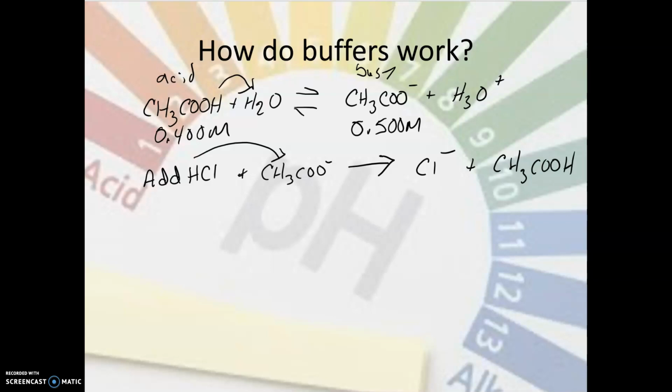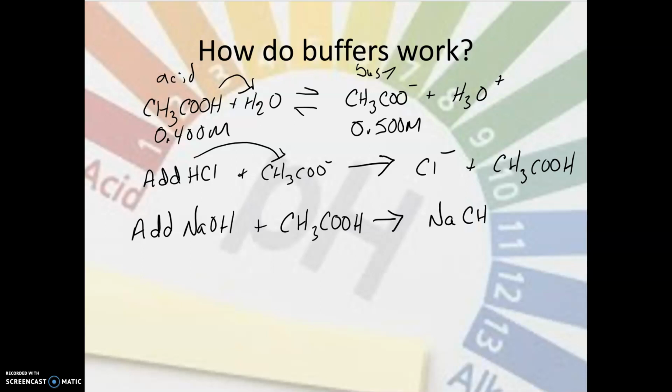So we've reduced the amount of our base, and what we've produced is our conjugate acid. But we eliminated and neutralized that strong acid. So the strong acid is gone, a little bit of your weak base is also gone, and you've produced a little bit of your weak acid. So we're back to the weak equilibrium, but we've completely neutralized that added HCl.